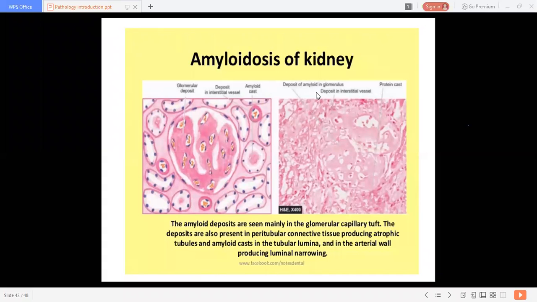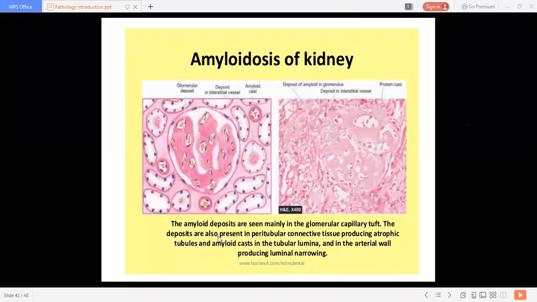So here are the deposits of amyloid. This is the picture and this is the microscopic picture. You can see the deposits of amyloid in the glomerulus, deposits in the interstitial vessels, and here protein casts are present. The amyloid deposits are seen mainly in the glomerular capillary tuft.